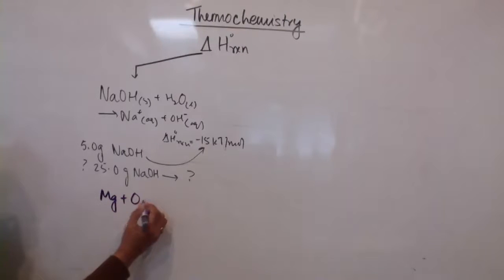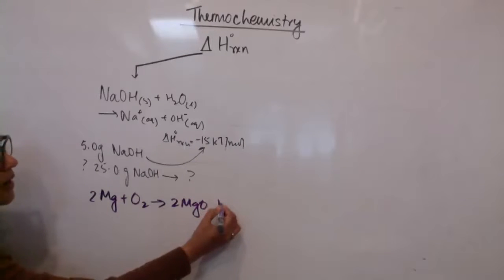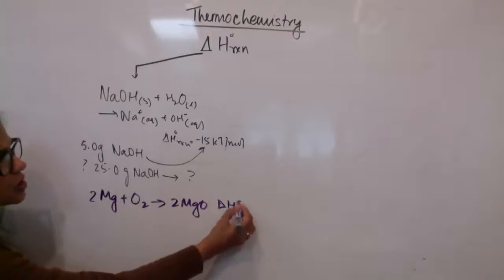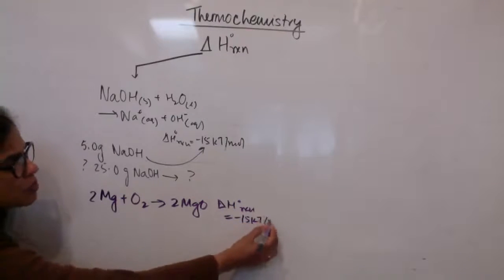Mg plus O to 2 MgO, and they'll write delta H zero reaction here as, say, negative 15 kilojoule per mole.